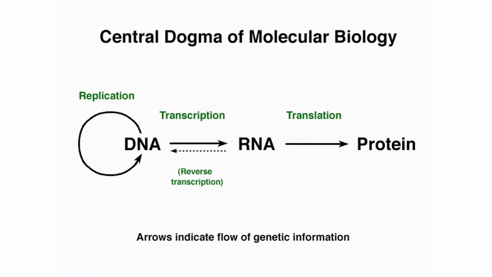The focus of this flow of information is not on the chemical conversion of one form of genetic info to another, but in this sequence, DNA is not converted into RNA, and RNA is not converted into protein. Rather, DNA provides a template for RNA synthesis, and RNA provides a template for protein synthesis.